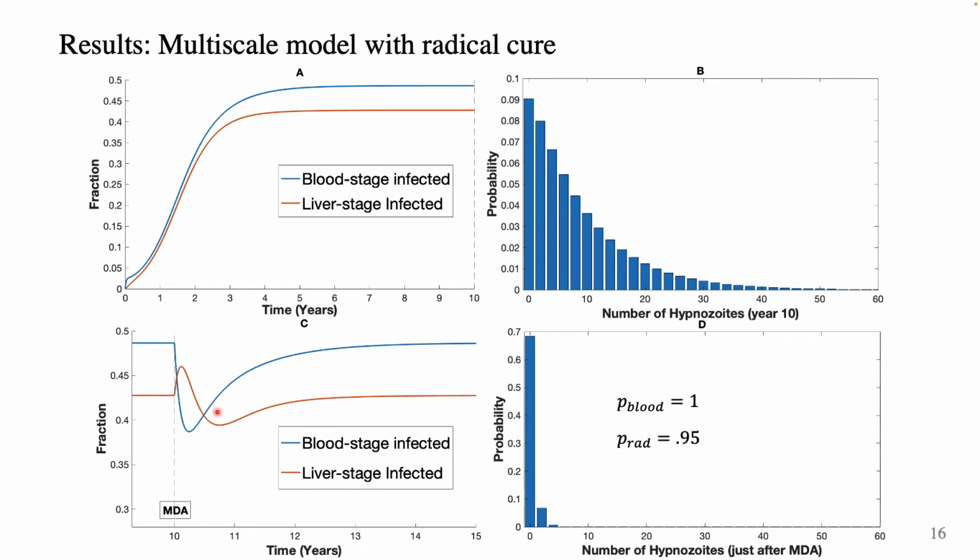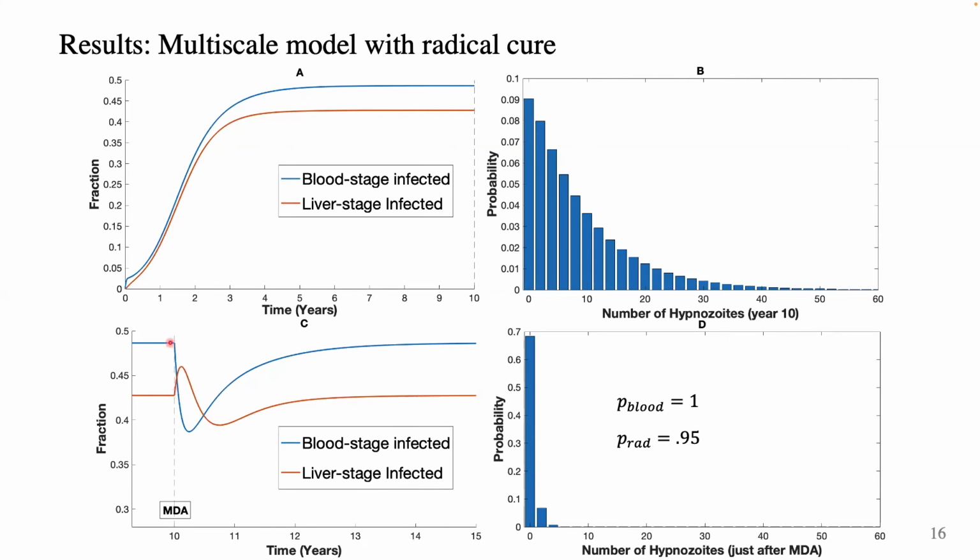This is due to the efficacy of the drug. Currently we're assuming that the radical cure drug that targets the hypnozoites is not 100% effective, which means it cannot kill all the hypnozoites. In the model, individuals who have developed hypnozoites after recovery become liver stage infected individuals.